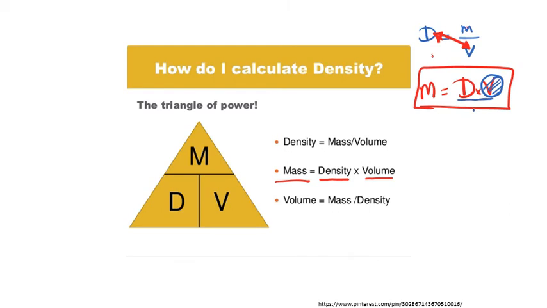So I do one more calculation: divide by D, because we don't want to have D here. D multiplied by V, we don't need to have D, so we divide by D. D and D cancel out. So V is equal to M over D. It says volume is equal to mass over D, mass divided by D.